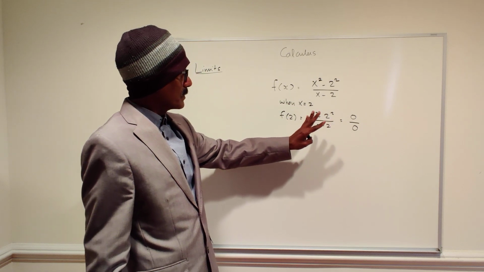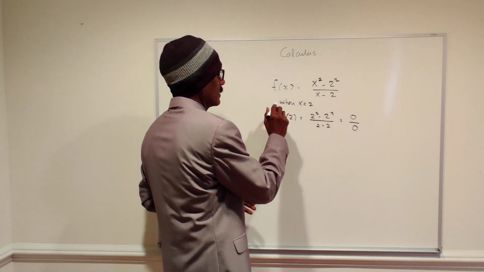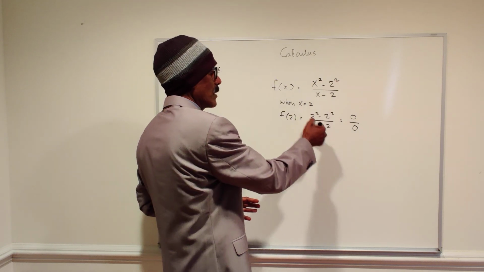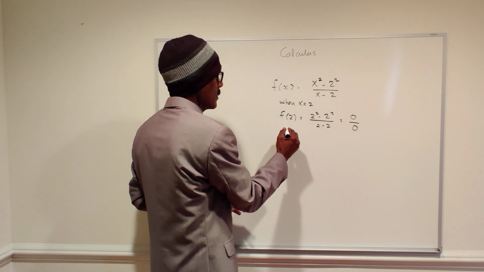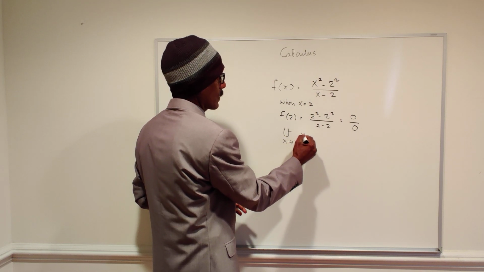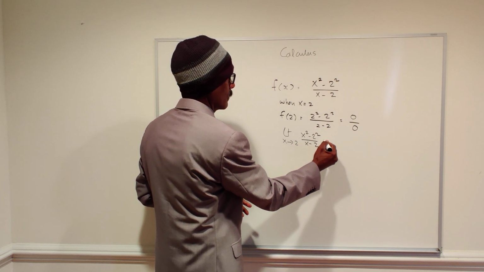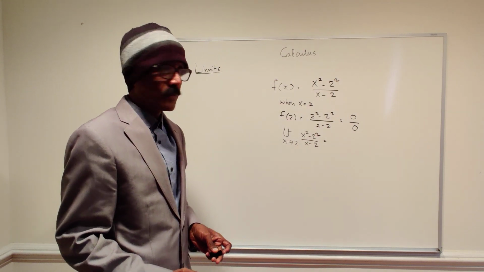So what is next? There is a limit value for this type of function. What is that? Limit x tends to 2, (x² − 2²) / (x − 2). We need to find out the limit value.